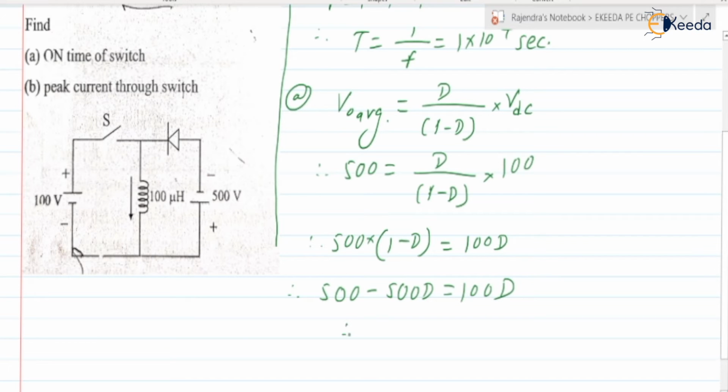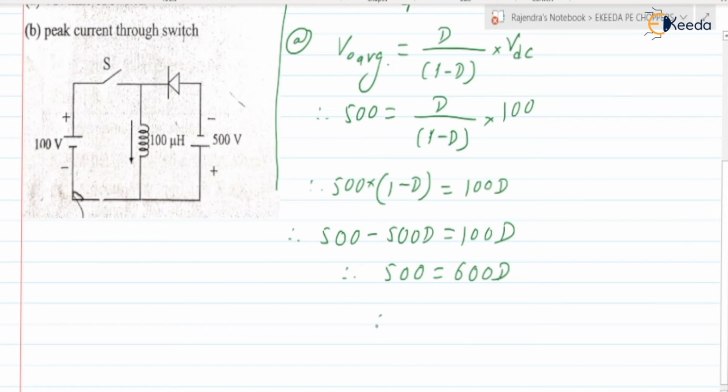Therefore 500 is equal to 600D, because if we shift the minus 500D to the right hand side, it will be plus 500D. So D is equal to 500 divided by 600, which is 5 by 6, so D is 0.833.